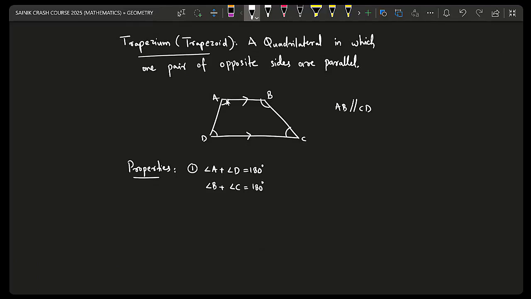Next we discuss the parallelogram. What is a parallelogram?